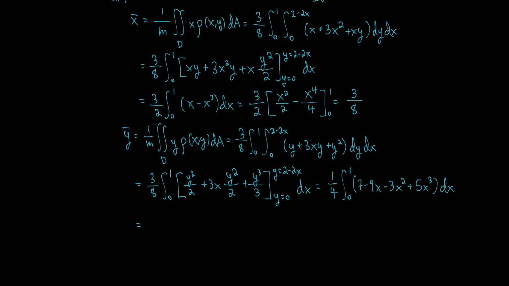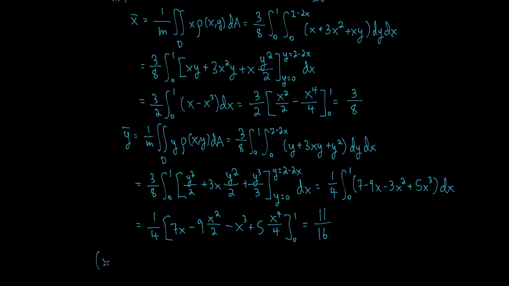And taking our antiderivative, we get 1/4 times 7x minus 9 times x squared over 2 minus x cubed plus 5 times x to the 4th over 4 from 0 to 1, which is 11/16.